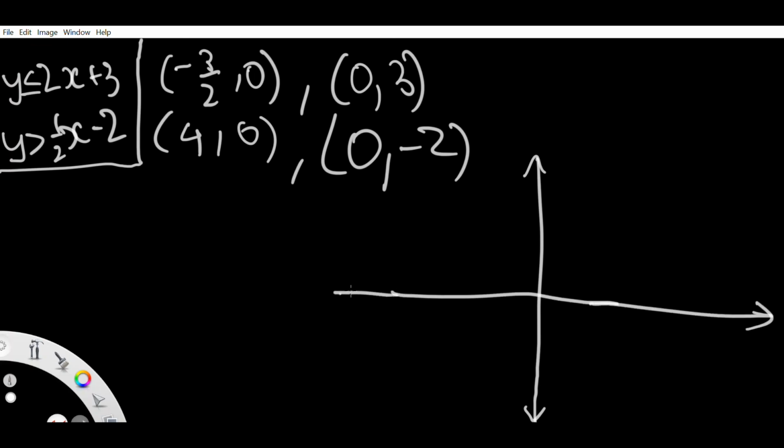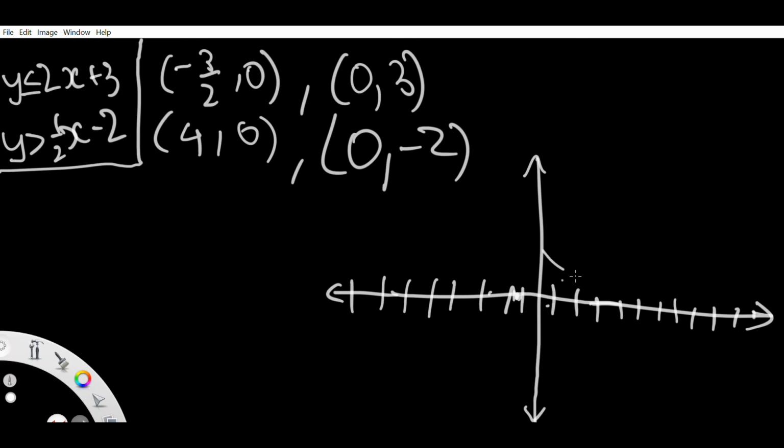So our first line has points negative 3/2, 0. So negative 3/2, 0 would be between negative 1 and negative 2, at negative 1.5. So it would be over here.